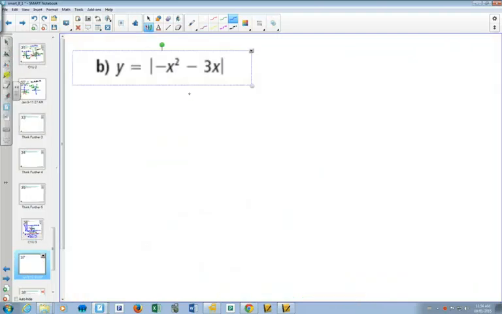So part B, here we have a parabola. First thing we need to do is find those critical values. So you make y equal to 0, negative x squared minus 3x. Can you see that you could factor out a negative x?